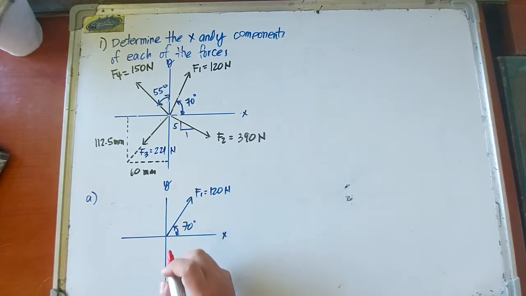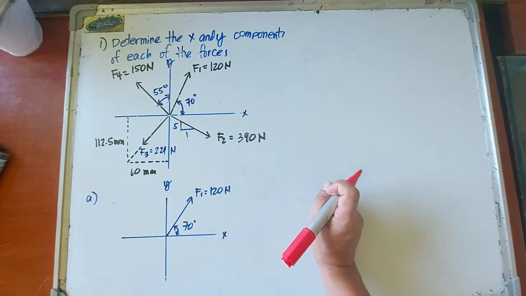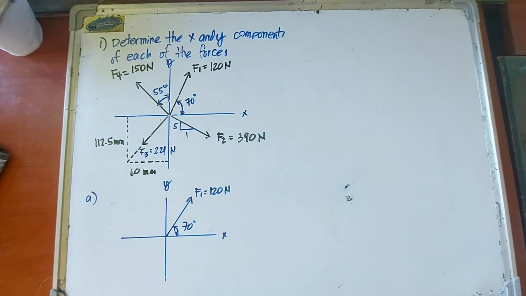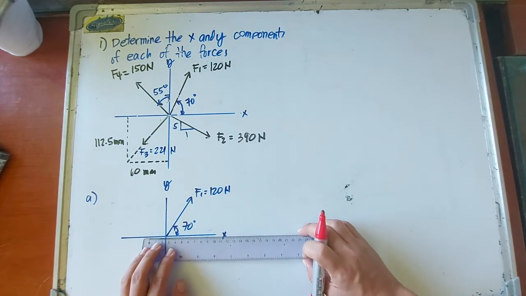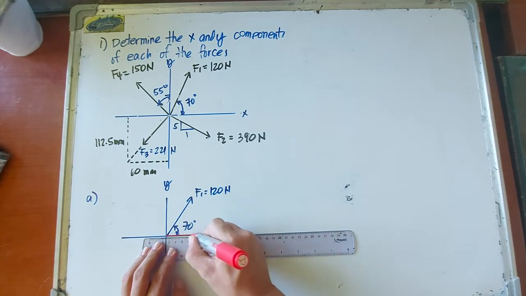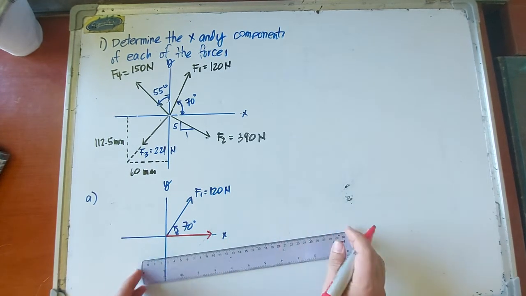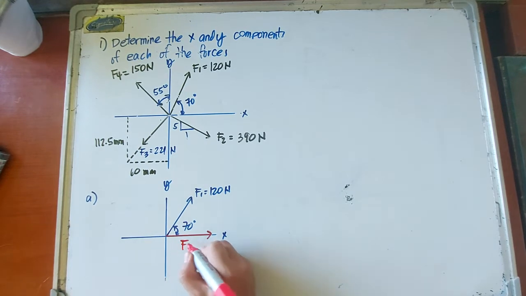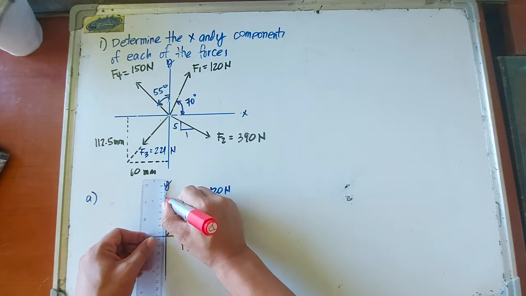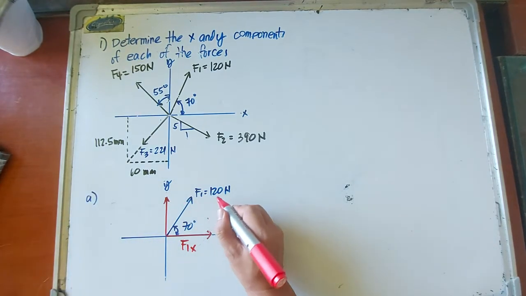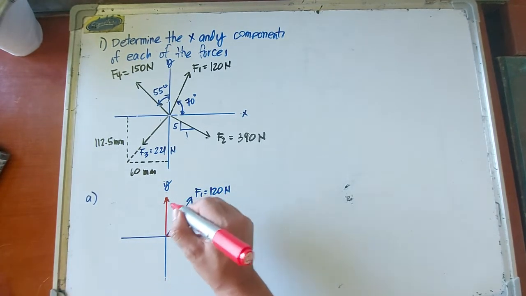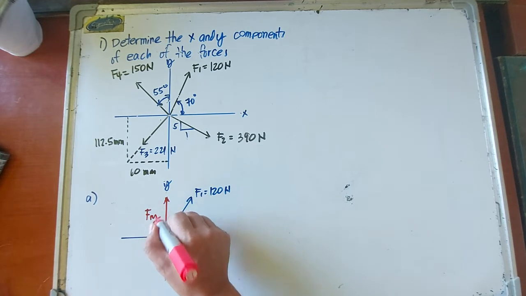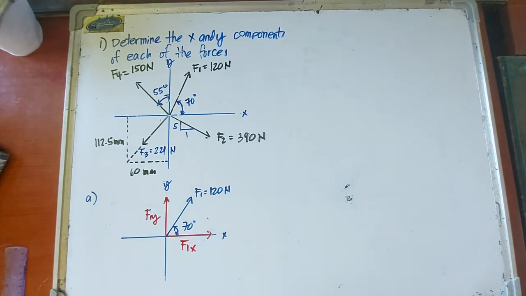So, i-separate na lang natin yung F1 from the entire force system. So, what would be the component of F1 along x-axis? Let's say this is F1x, and then component of F1 along the y-axis, let's say that is F1y. Okay, so how do you solve for F1x?